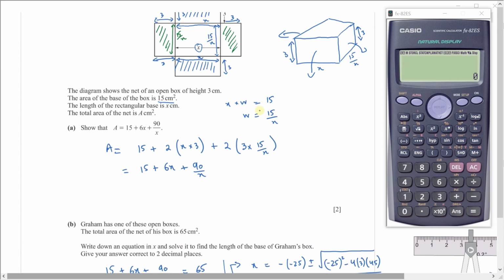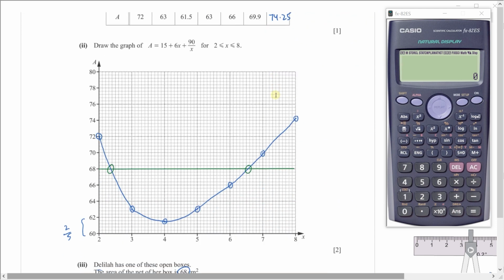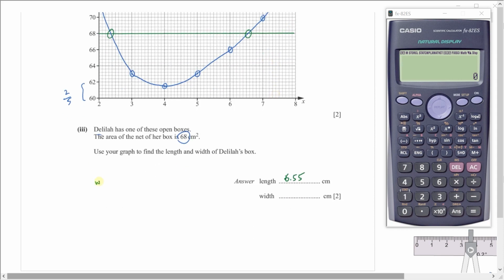And then to find the width, you know that the base area is 15 and the width is 15 over x. So your width will equal 15 over x, 15 over 6.55. So 15 divided by 6.55 is 2.29.